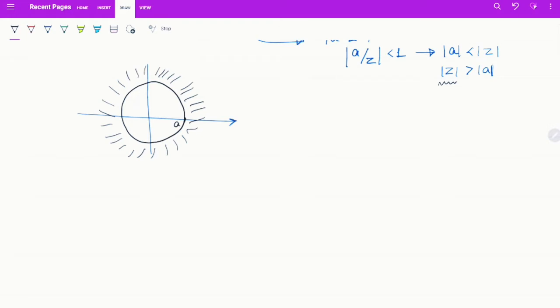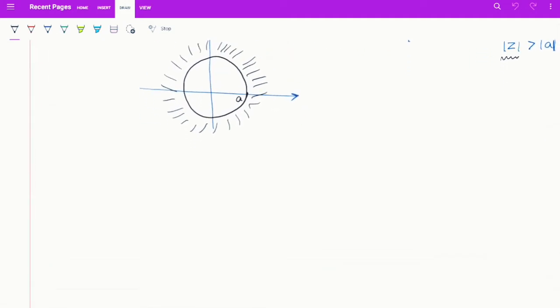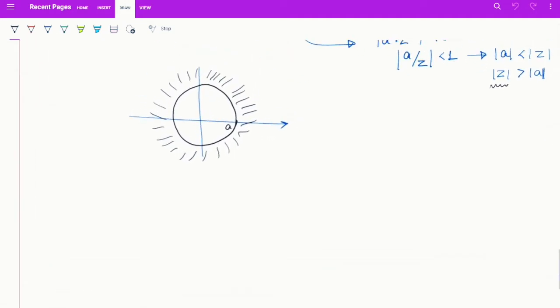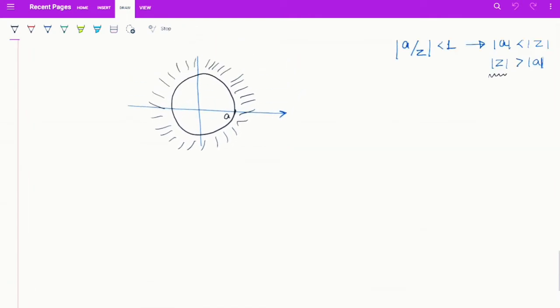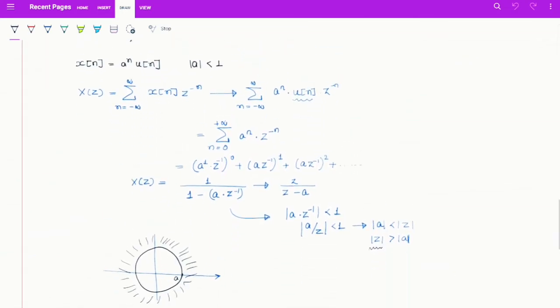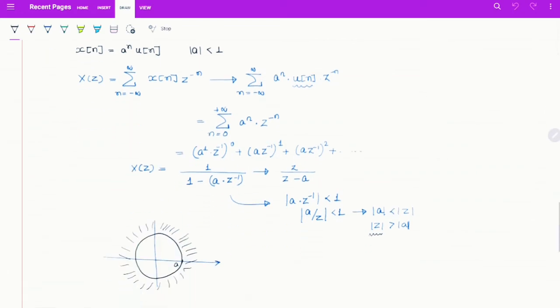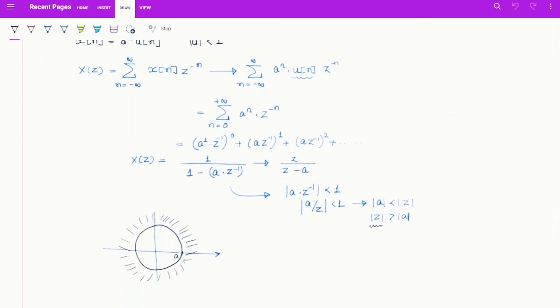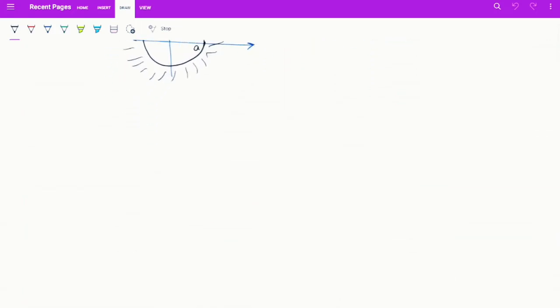If the value of a is less than 1, then we can say our system is stable because the region consists of the unit circle. Now we'll check all this in the property of ROC. Next we see how to find the Z transformation of the signal minus a to the power n u of minus n minus 1, which is a left sided signal.